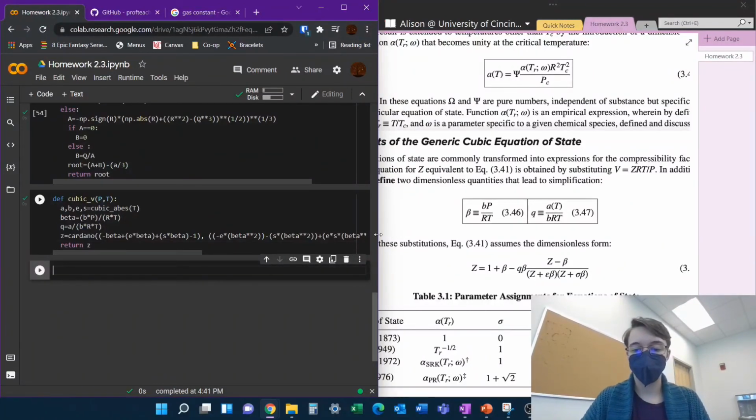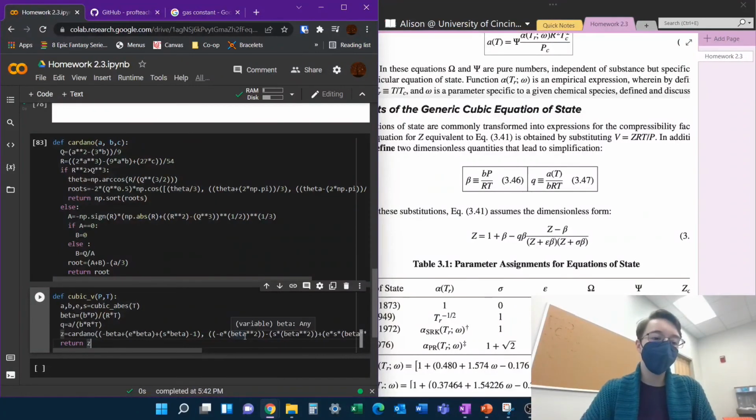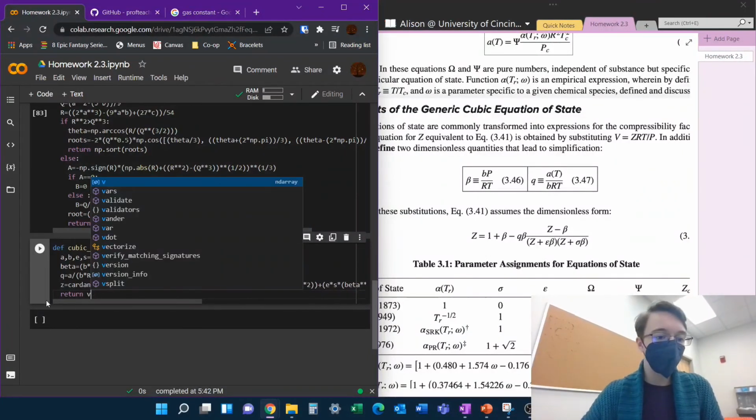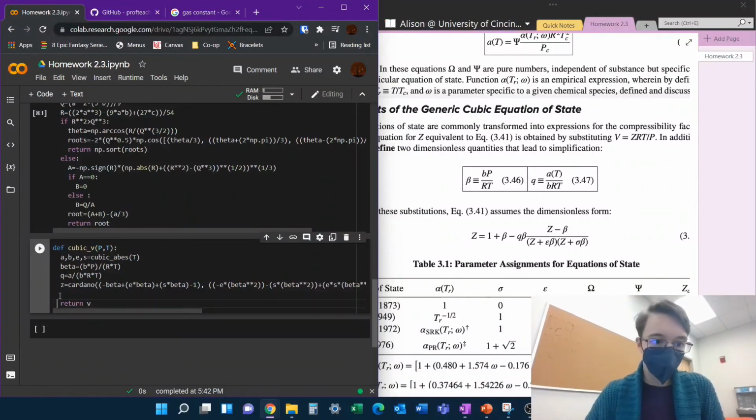Let's enter that. Alright, so remember that our goal for this problem is to input the pressure and the temperature, and then using Cardano's formula, output the volume. Right now we have the compressibility factor being output, so we want to change that to the volume. But before it can output the volume, we need to define what the volume is.